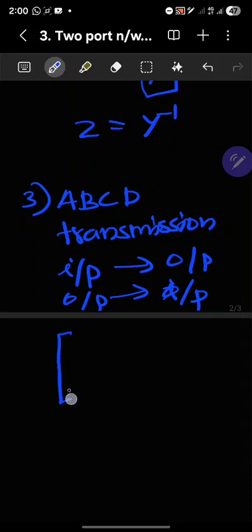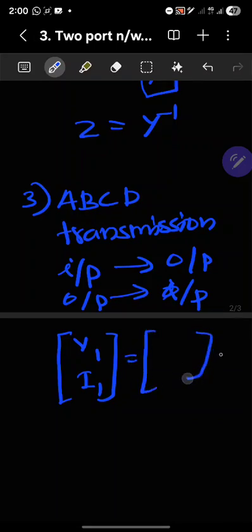So the ABCD parameters are about transmission. What should be the matrix? On one side it should be either input or output. For ABCD it is input. We write the LHS matrix as input elements. Input elements means input voltage and input current. Then the ABCD parameters, and we are transferring from output.